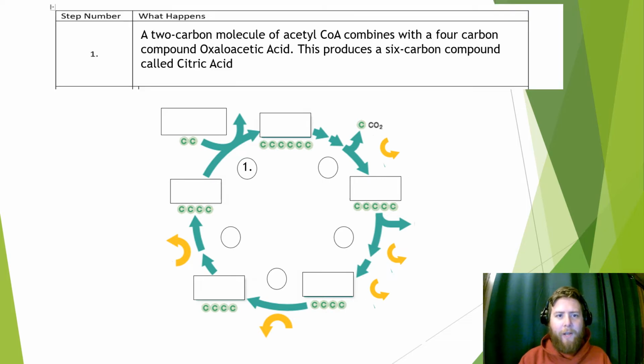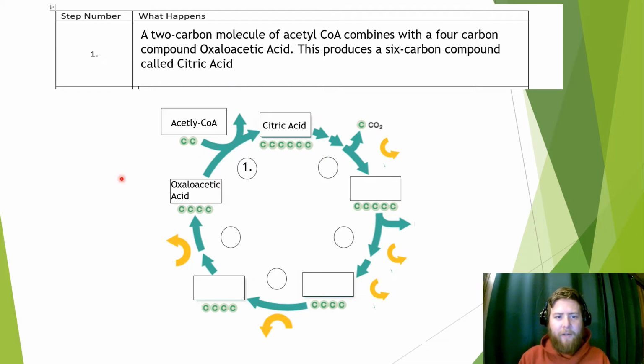All right, step 1: we take this 2-carbon molecule of acetyl-CoA, and we combine it with a 4-carbon molecule called oxaloacetic acid. This produces a 6-carbon compound called citric acid. The number of carbons is written below these molecules.